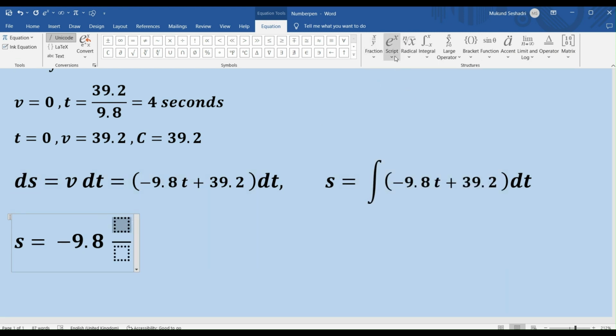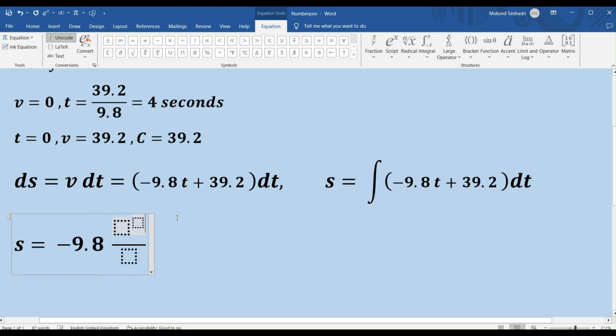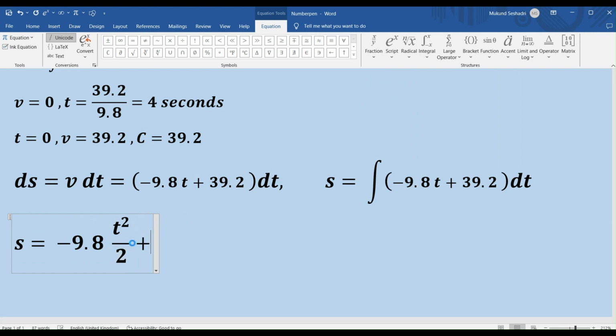T square by 2 is, and then I have plus 39.2 times integral of dt, which is nothing but t, right? And then I have my constant, which is very important. So I have minus 9.8 t square by 2 plus 39.2 t plus c.